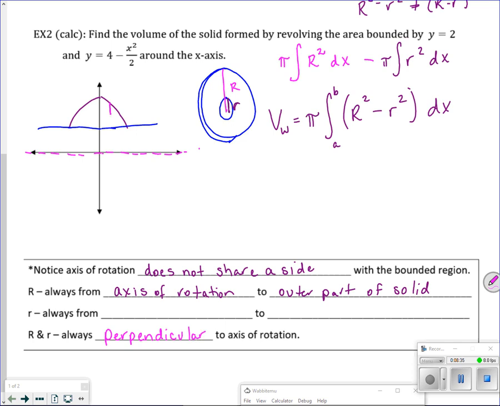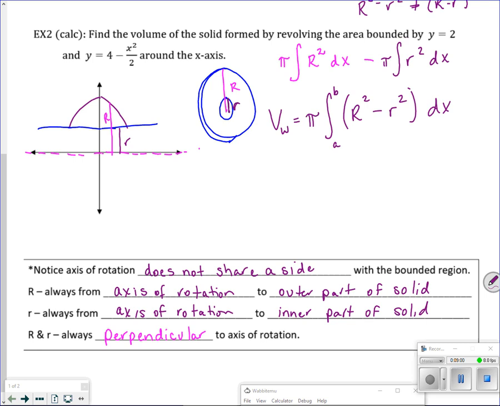So big R is going to be like that. Little r is from the axis of rotation to the inner part of the solid. So little r is going to be right here. It's going to be the hole.